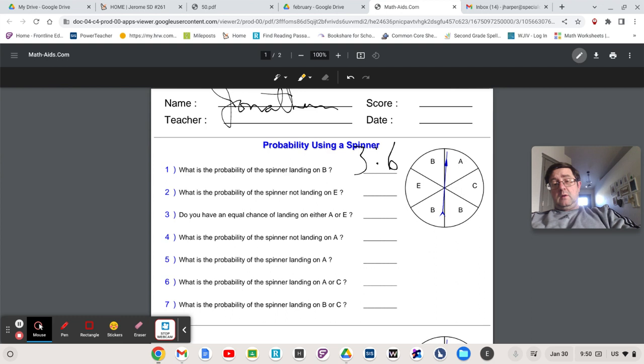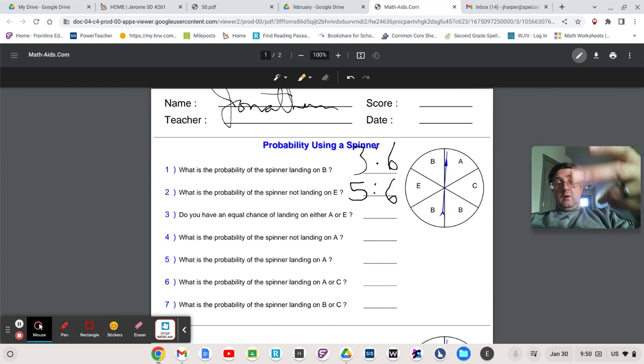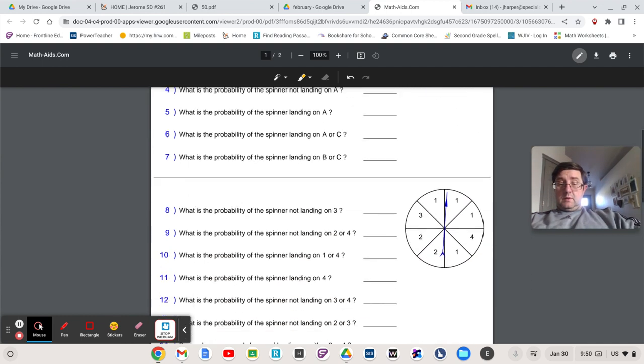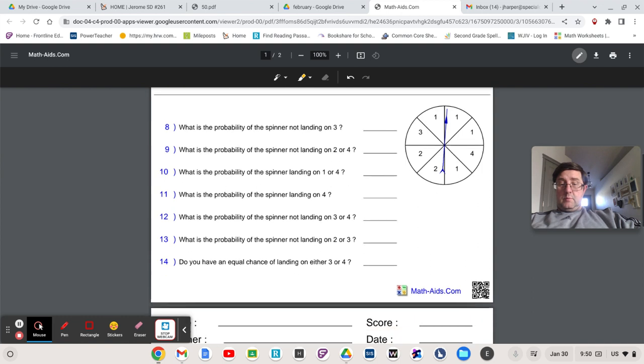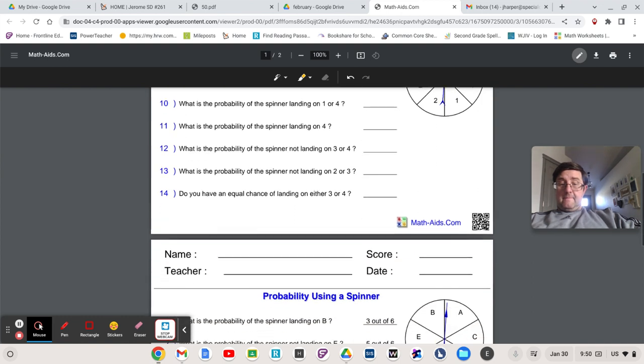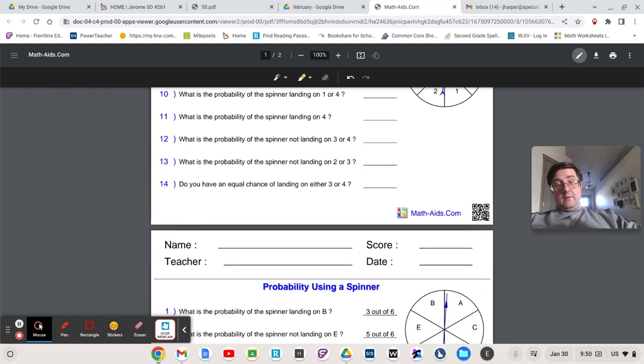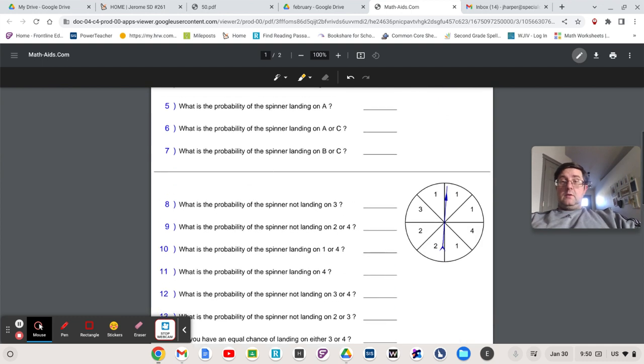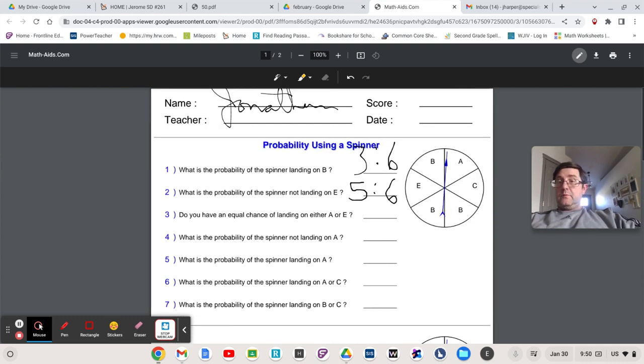So we're going to go 5 out of 6 are the odds that it will not land on an E. Let's go down here to check. Make sure Mr. Harper's not making a mistake. 3 out of 6, 5 out of 6. Good job, we did that correct.